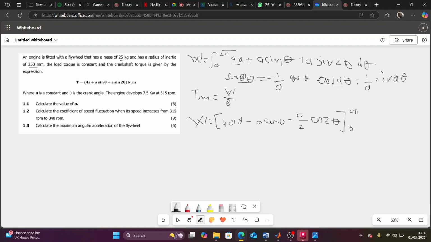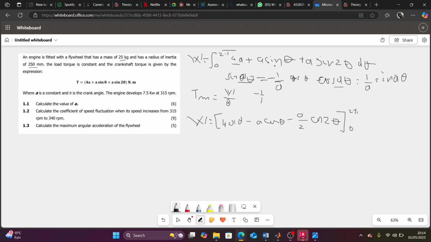So do you agree? If I apply the formula, I will have 1 over 1 in this case, because it is multiplied by a there. Do you see it now? Yeah. Okay. Now, what is next?